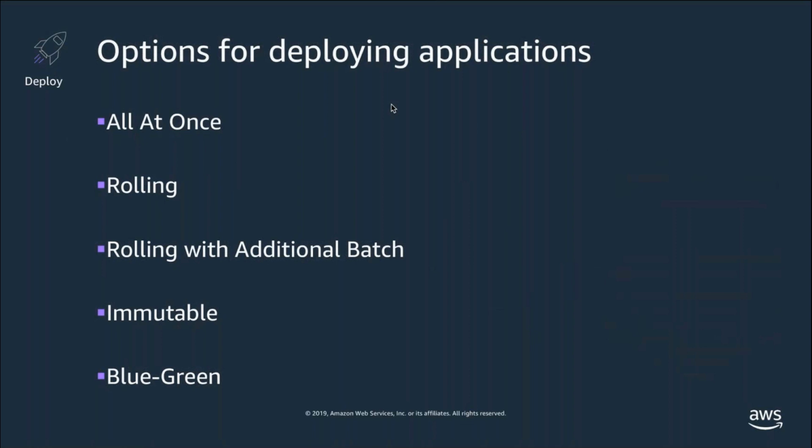You can deploy it to them one at a time with additional batch. So additional batch means that you can decide to create additional capacity for your environment so that the original capacity of your environment is preserved as instances are updated with new application versions. We also support immutable and blue-green deployments.